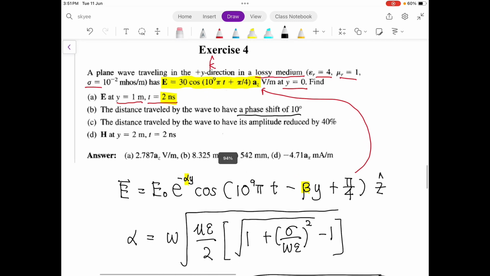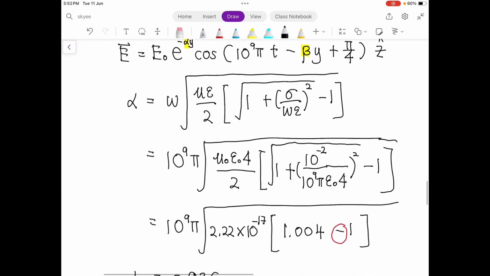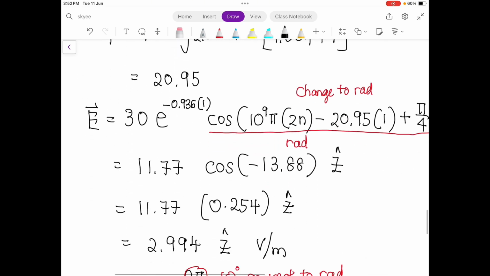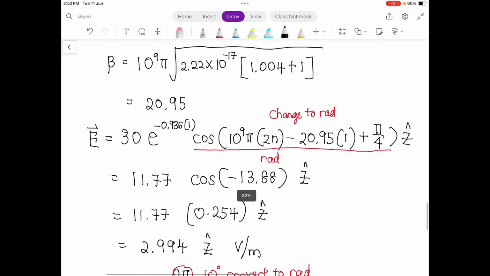Okay, we look at the next one. It's asking you the distance traveled by the wave to have its amplitude reduced by 40%. This is your equation.